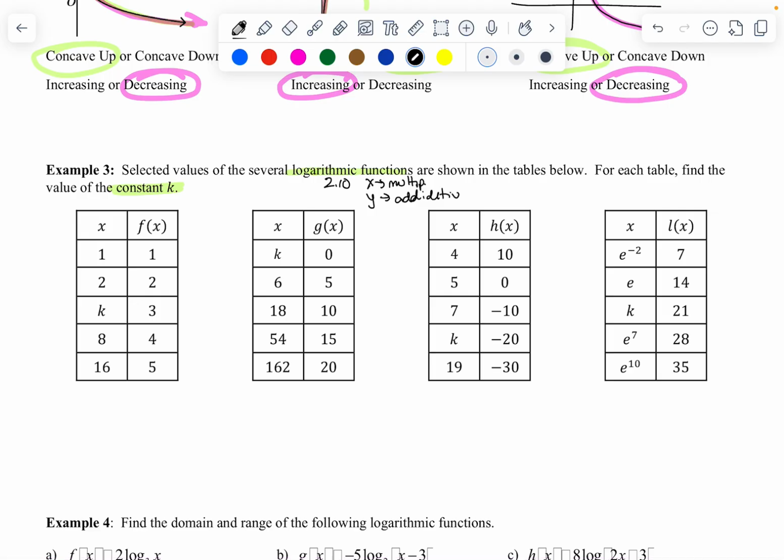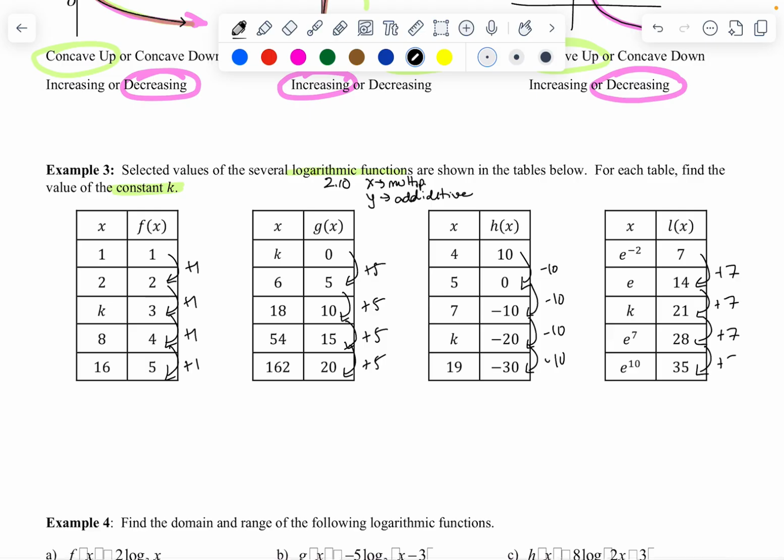So that means you're adding to go from one y value to the next. And that's what we see, right? Plus 1, plus 1, plus 1, plus 1. This guy is plus 5, plus 5, plus 5, plus 5. They're telling us that this is a log function, so it has to follow. This is minus 10, minus 10, minus 10, minus 10. And this one is plus 7, plus 7, plus 7, plus 7.